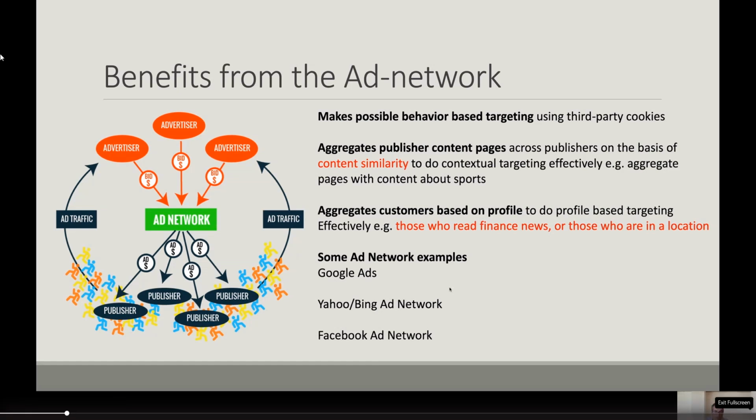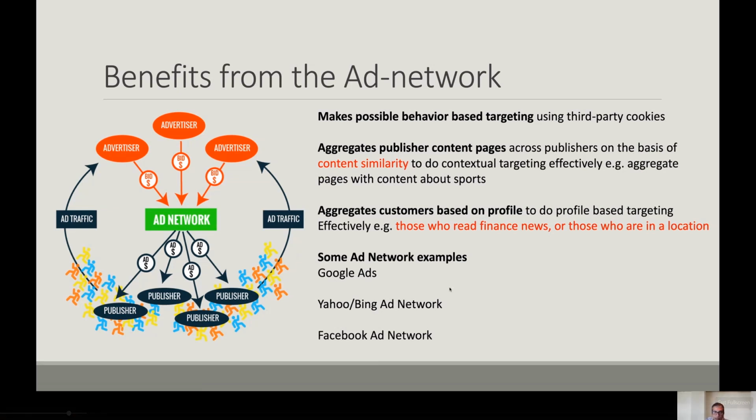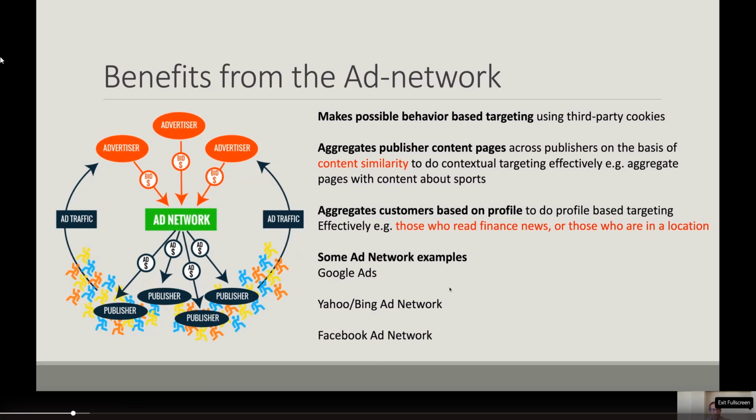What you can do is just have an arrangement with the ad network, and the ad network will do the work of aggregating similar content from across different publishers and selling those impressions to the advertiser, which in this case is Dick's Sporting Goods, right?